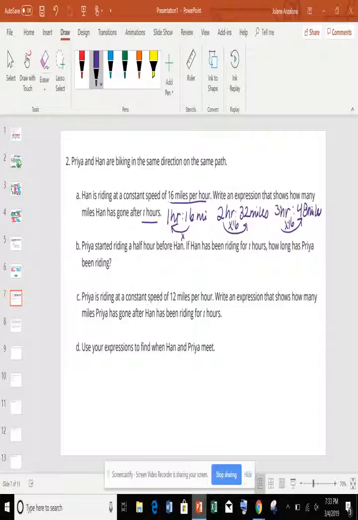So if I take the hours and I multiply by 16, I get an expression. So our answer for A would be 16T. If T stands for hours, it's 16 times the hours.